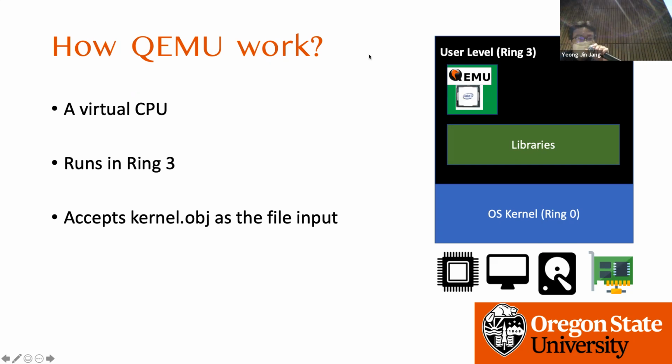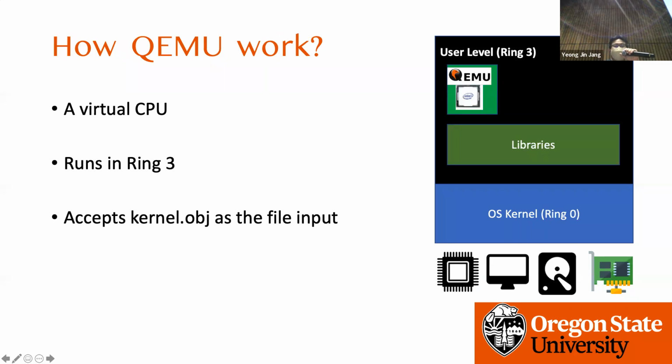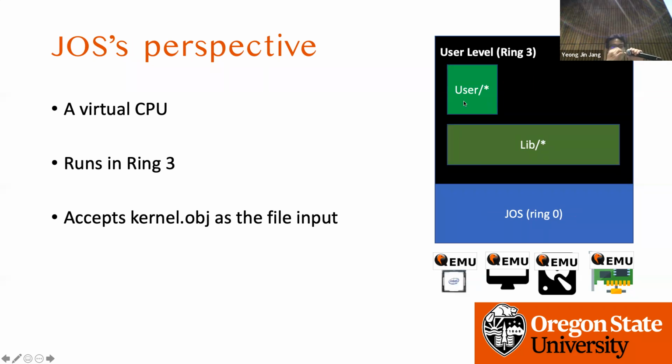And then JOS runs inside of here. But let's take a look at what the JOS's perspective of the rings would be and how the hardware is connected. So JOS runs here, but it's actually inside of here. JOS believes it directly talks to the real hardware, but it's all fake.